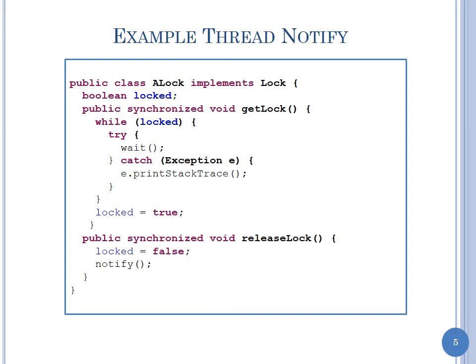The release lock just sets lock to false and notifies any waiting method on getLock that locked is now false. The first waiting method can then recheck the lock condition and hopefully not wait.